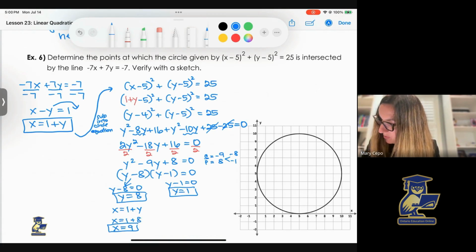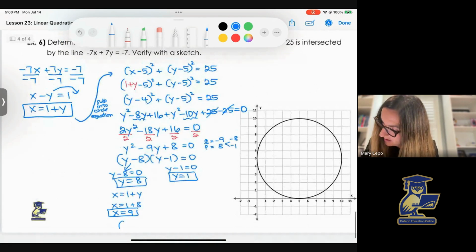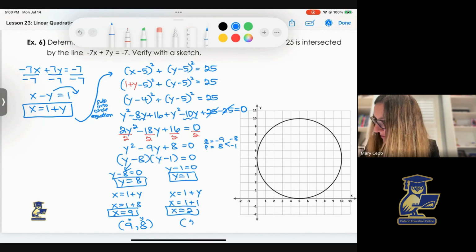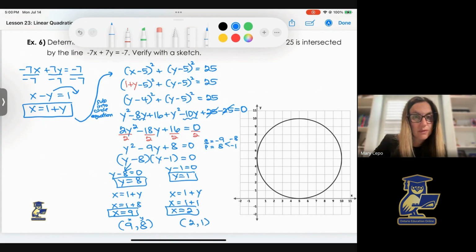So the first point of intersection is 9 and 8. Remember, x comes first, then y. And then x is equal to 1 plus 1, x is equal to 2. So in this case, x is 2, y is 1.